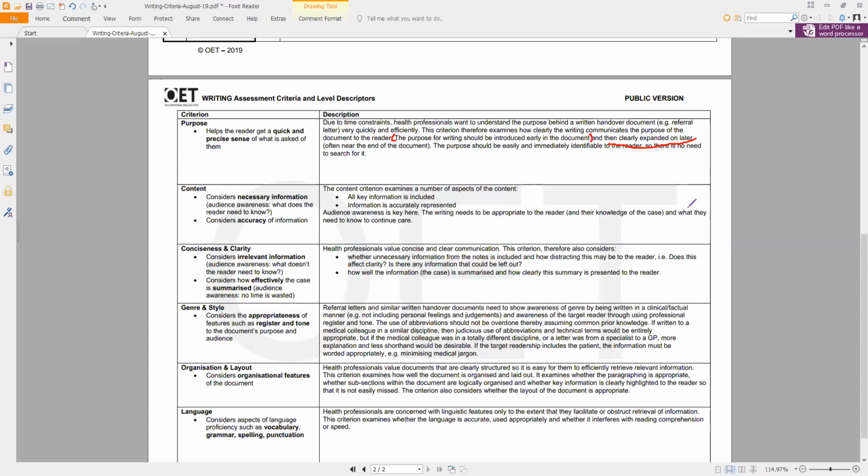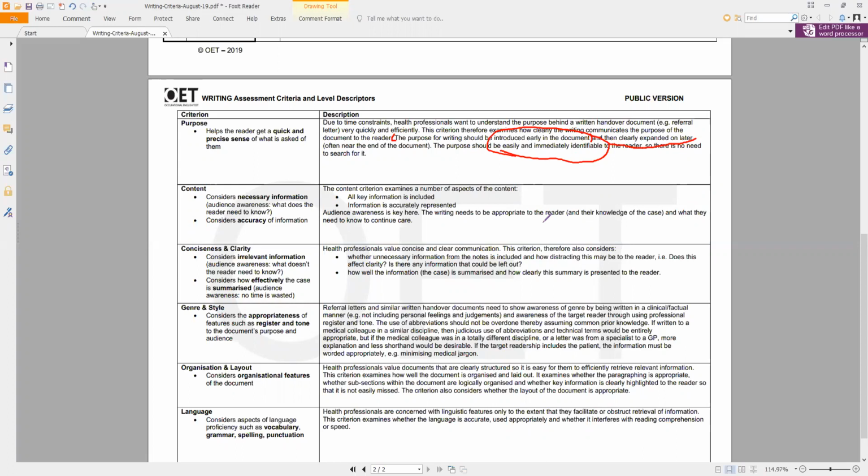So I am writing to request, I'm writing to update, I'm writing to refer for your blah, blah, blah. That should be in your introduction or opening sentence. The purpose should be easily and immediately identifiable to the reader. So I shouldn't have to search for it as I just did there.